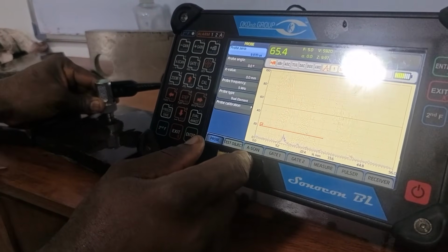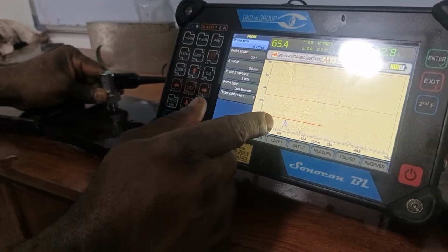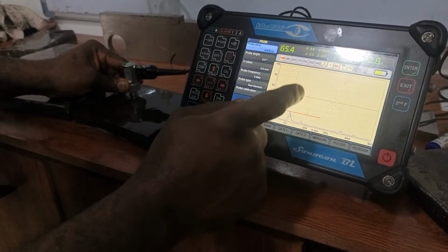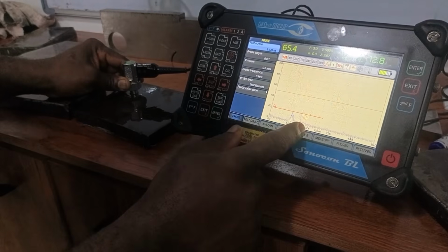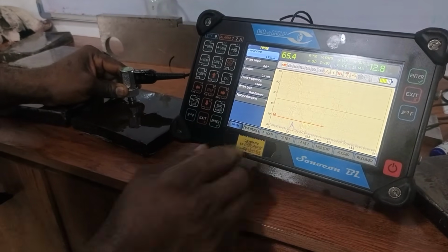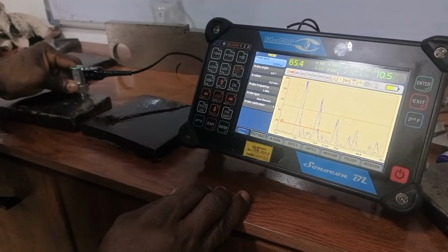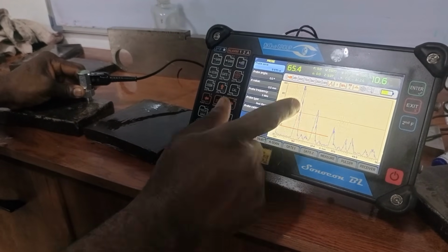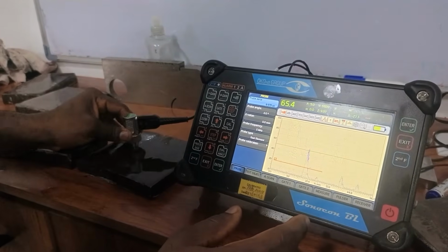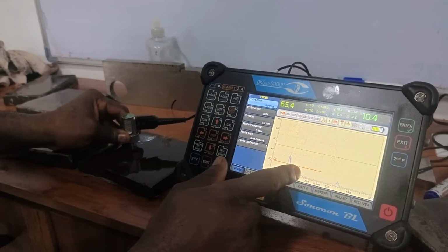Now you can see that when the corrosion echo is there, there will be no back wall. And the corrosion echo does not repeat itself, as compared to this lamination echo that is repeating. You can see how it repeats clearly. But when we come to the corrosion echo, it does not repeat.